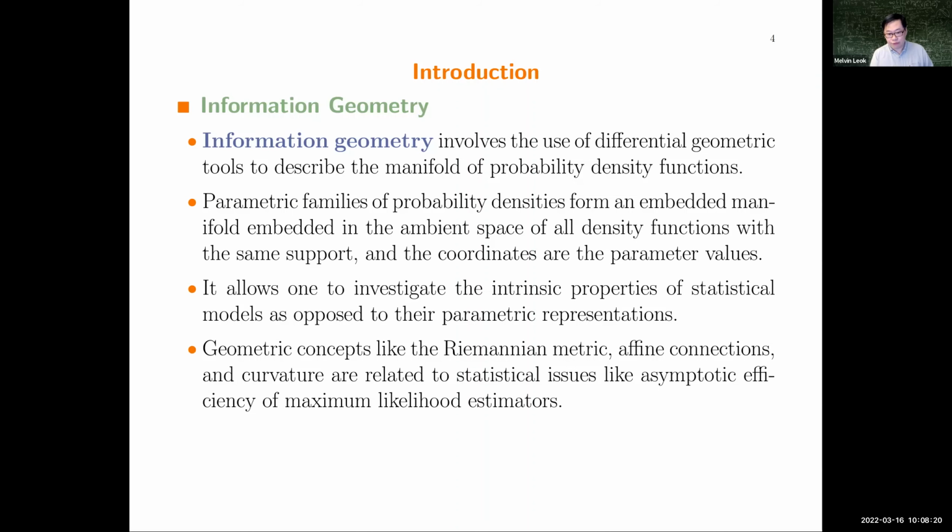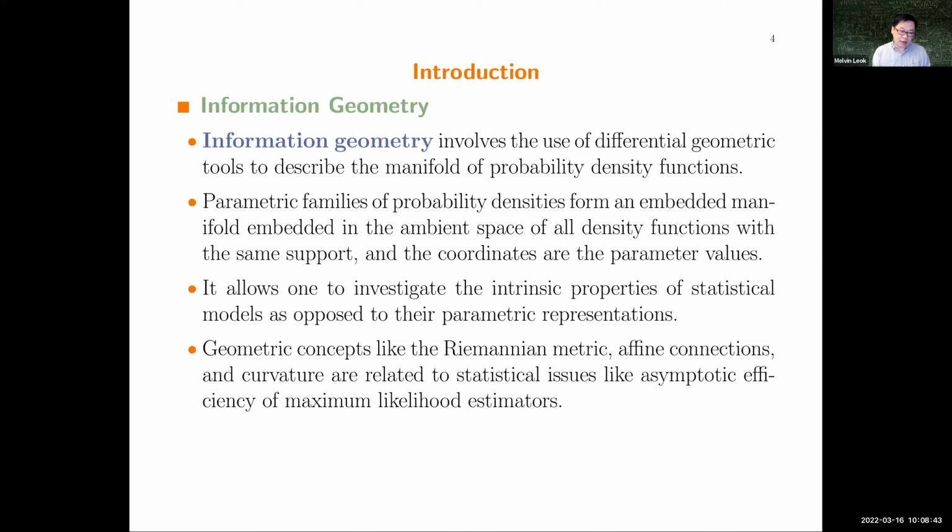Whenever you have some sort of parametric representation of a curved manifold, you have a choice in terms of how you encode the geometry of that space. One very naive, straightforward way to do this is to just think of those parametric values as defining some sort of Euclidean space and then using the Euclidean geometry of that kind of coordinate chart.